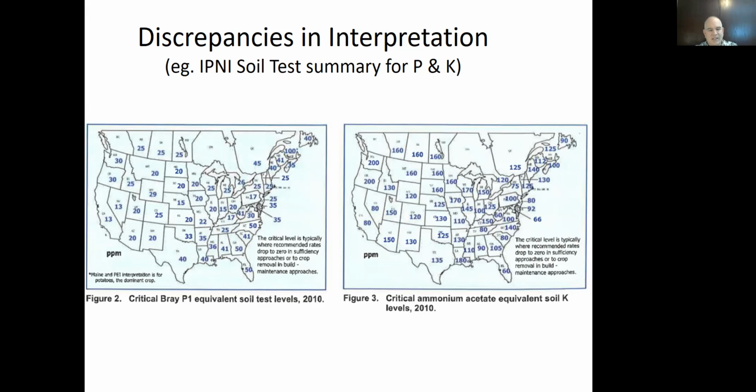Some people kind of freak out about this, but I'm not too worried about it. I think it's fine. In the urban landscape, if I could get people to stop fertilizing past 50, I'd be pretty happy actually. And you'll notice hardly anybody's above 50, so they can all agree on at least that, and to me, that's good enough. Potassium would be similar over here on the right.